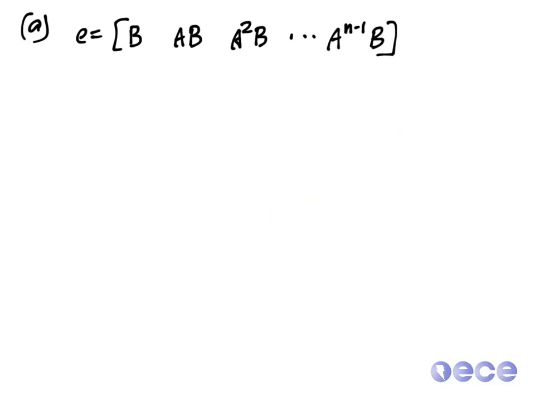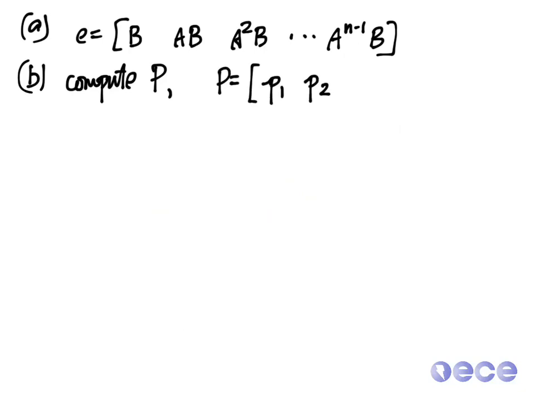So the first thing that we're going to do is we're going to compute, we'll call this part A. So we're going to compute E is equal to B, and then AB, and then A squared B, all the way to A to the n minus 1 times B. And then we're going to compute P. And P is going to be computed as P1, P2, all the way to Pn transpose.